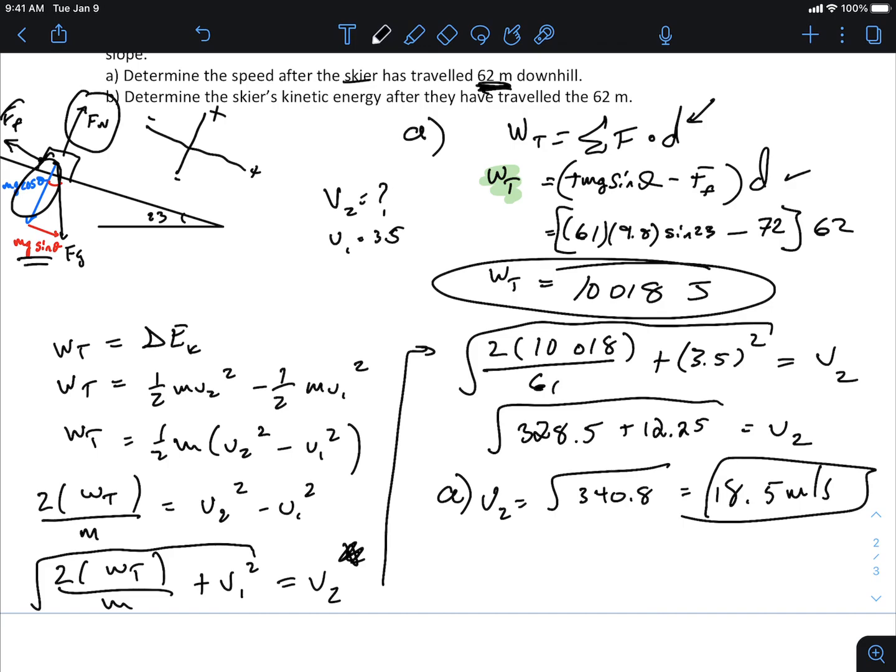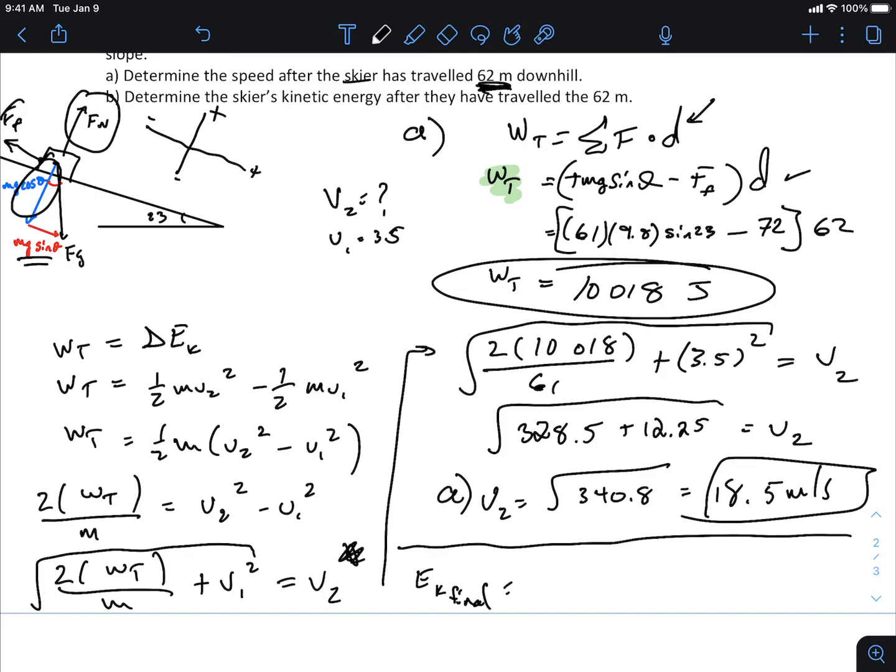Okay, part B. That's the velocity that the skier has after they have traveled 62 meters. Now, we want to determine what the kinetic energy is. So it's basically going to be EK final. We know what kinetic energy is; I told you a couple times today.